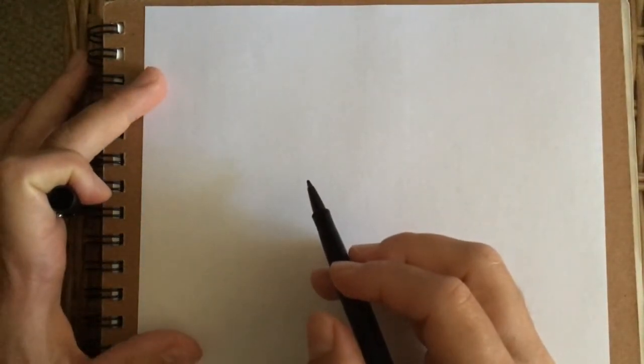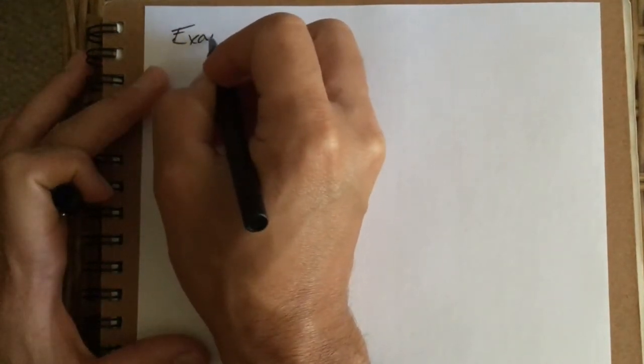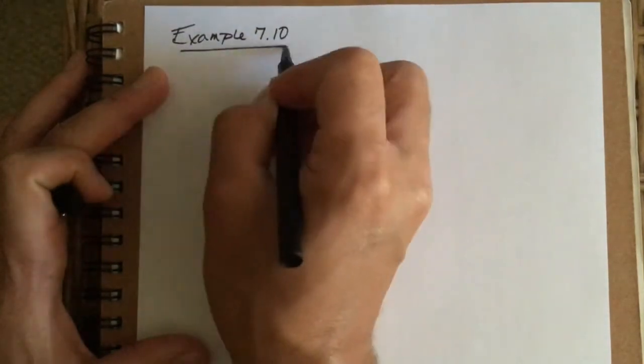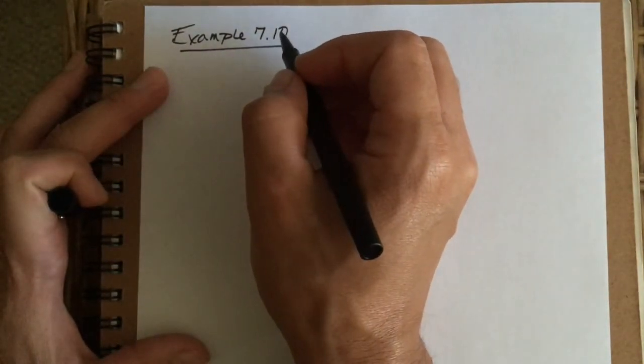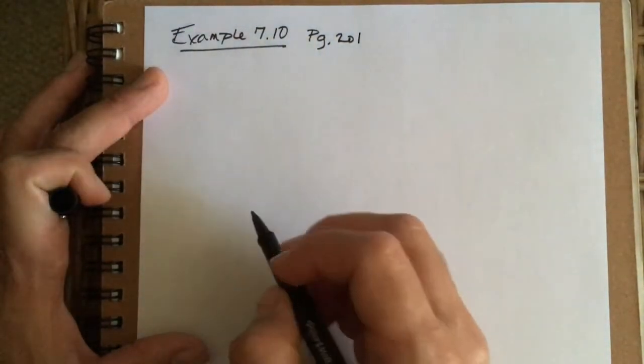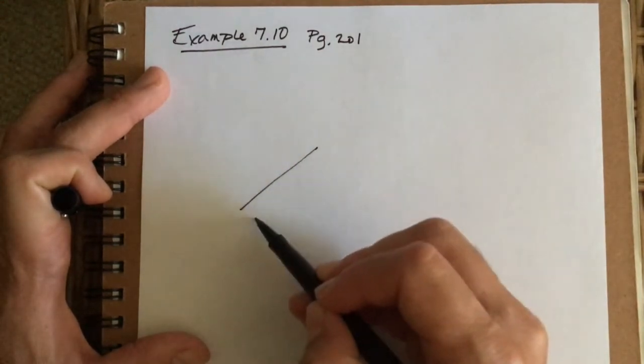So then an example 7.10. And this is on page 201. They take the wrench and they start it off pointed differently, right?